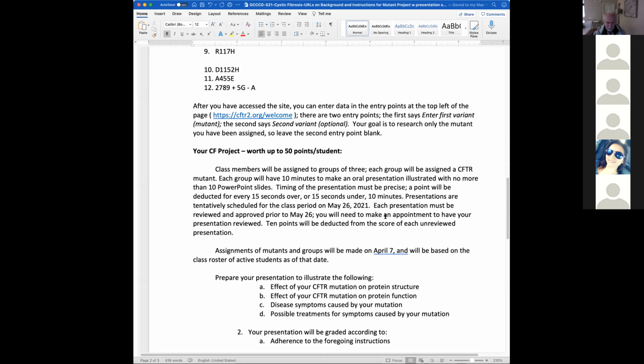So the whole idea of reviewing is to make sure that you are putting forth the best slideshow that you can put forth. It's to make sure that you have followed the rubric and all the guidelines. It's to make sure that you have practiced your slide.